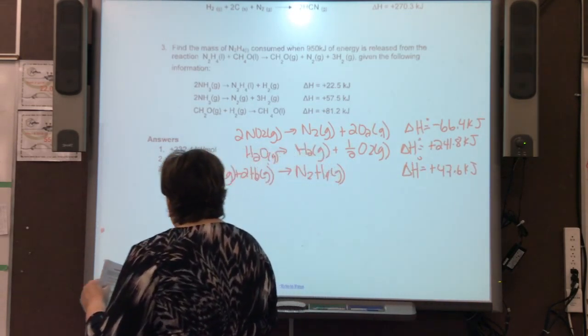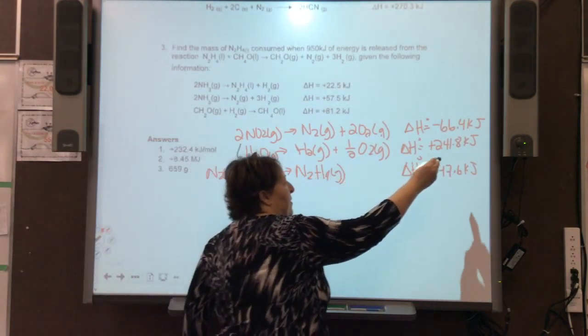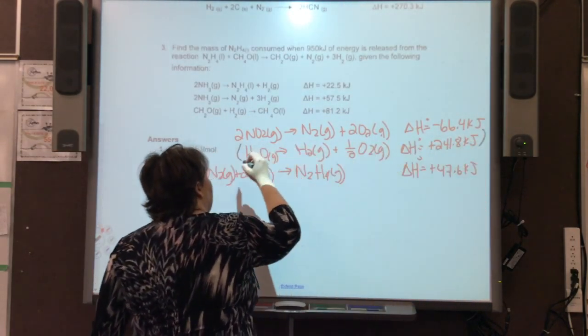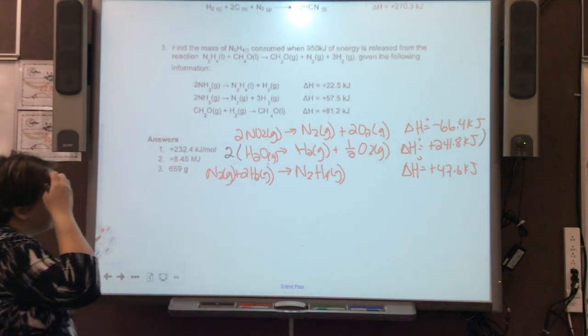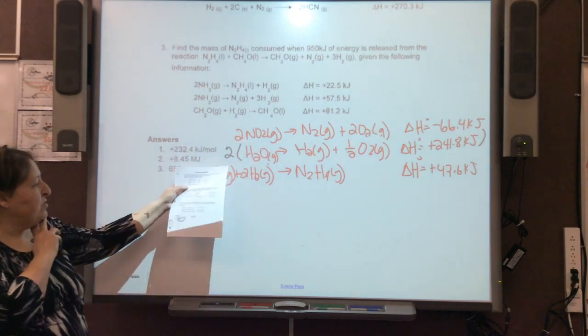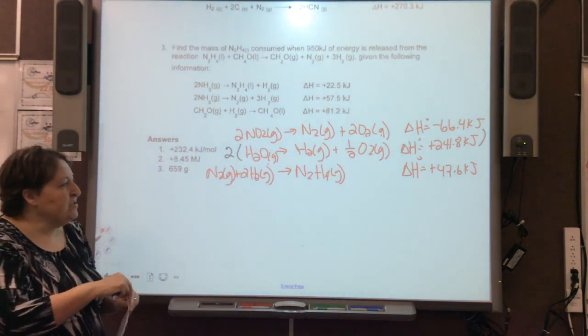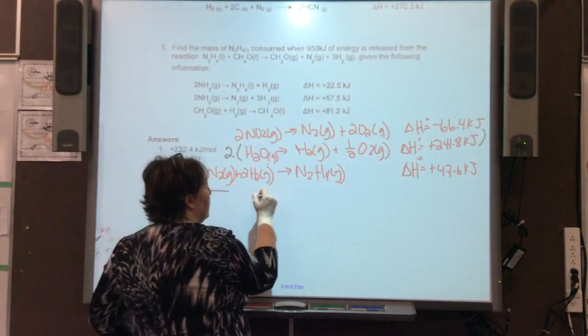So Jaden identified that we have to multiply it out by 2. So we're going to have our 2 NO2s. We'll have our 2 waters. We have 1 N2H4, so let's see if it works out.